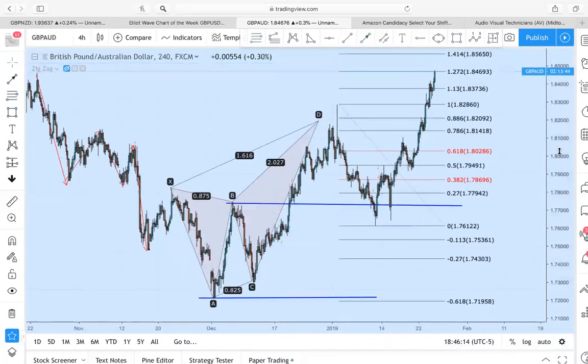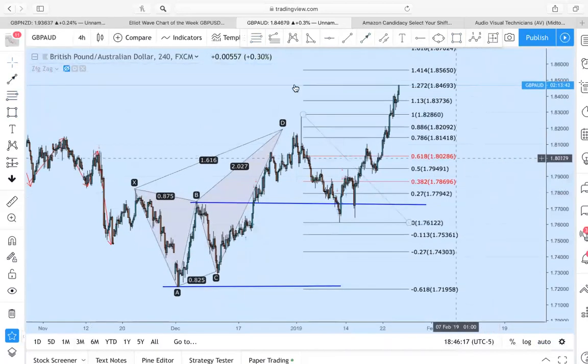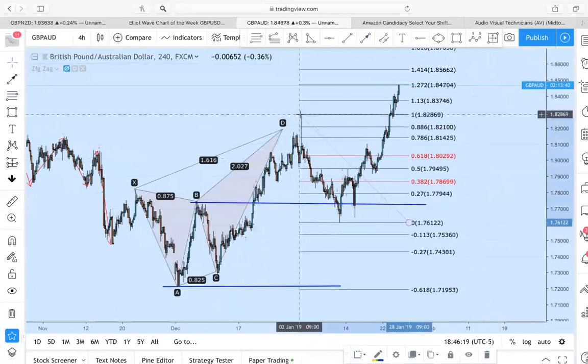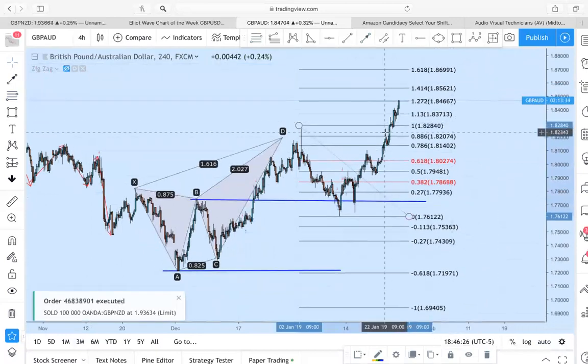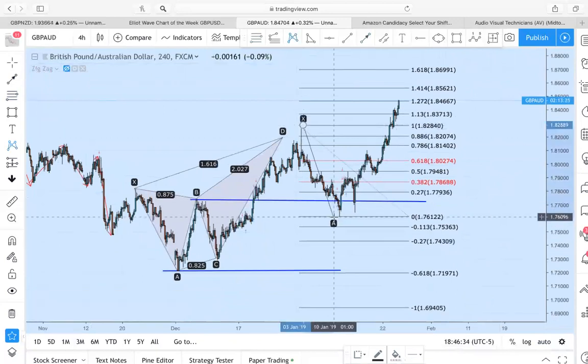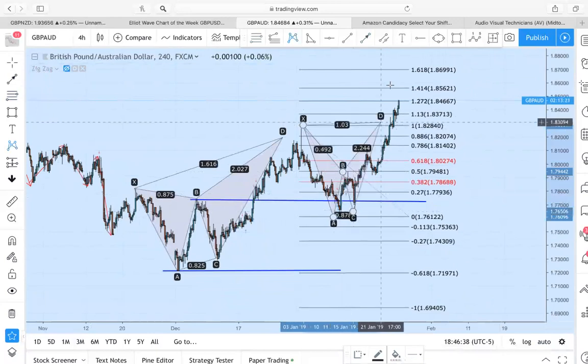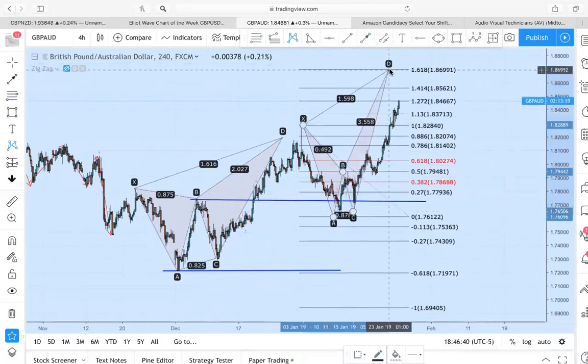So what I'm looking for is the 1618. I'm actually looking for another crab pattern. So we had a deep crab here, and I'm looking for a crab pattern here, which ends at a 1618. So some X, A, B, C, D, 1618.